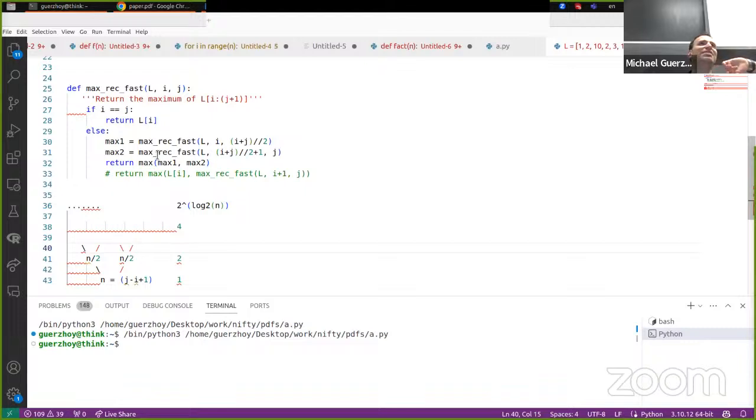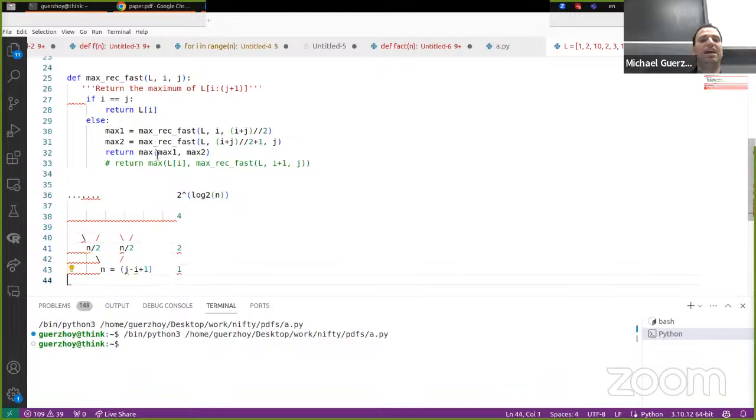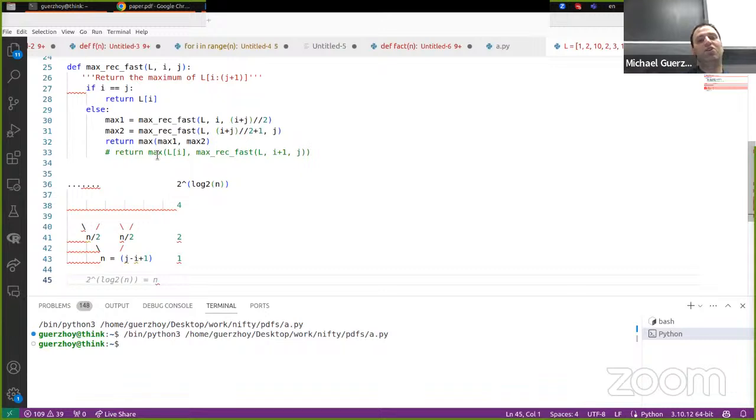Are you with me? So that means the total amount of calls is, what Copilot knows, is 2n minus 1, which is essentially the same thing, O of n.